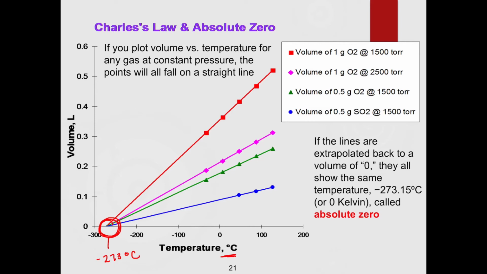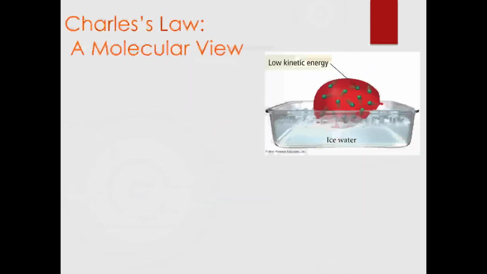We've not quite reached it yet, but absolute zero is the temperature at which all molecular motion would stop. We know that gas particles and liquid particles and solid particles are always moving, but 0 Kelvin would be the theoretical temperature at which all motion would stop. That is why all of these lines are going back to negative 273 degrees Celsius. It is the lowest possible temperature. It can't go below that, which is really cool.